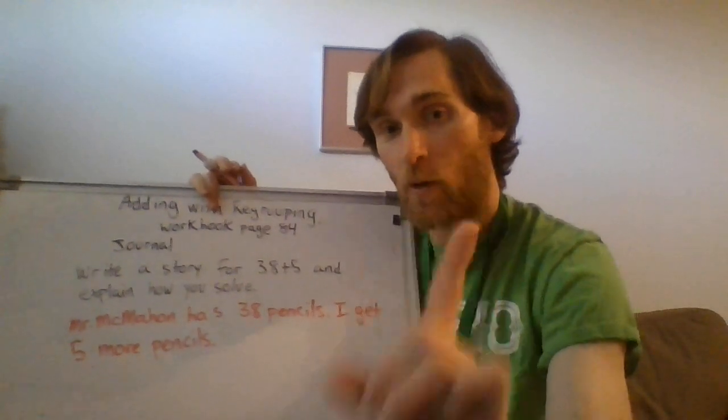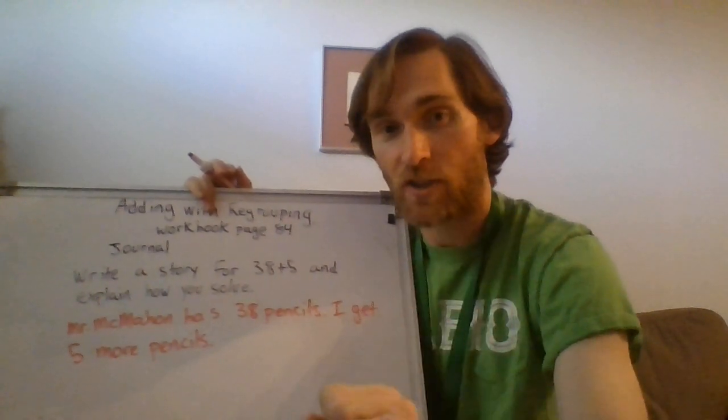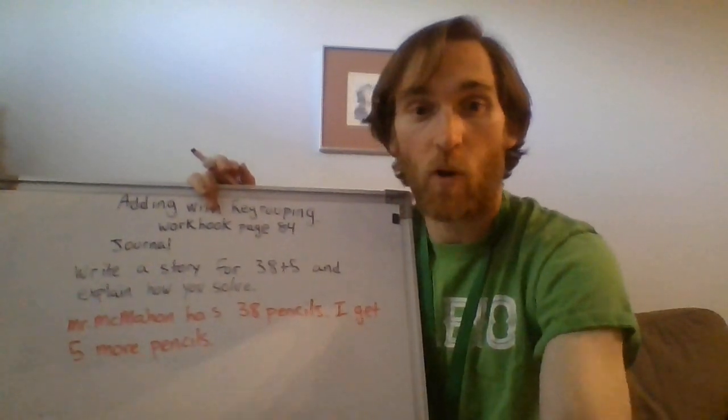Now, I'm going to pose my question. How many pencils do I have altogether? Oh, you know what? I'm even going to talk about some grammar and some stuff like that while I'm doing this.